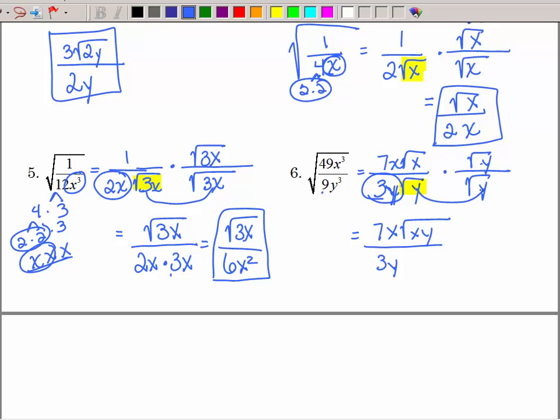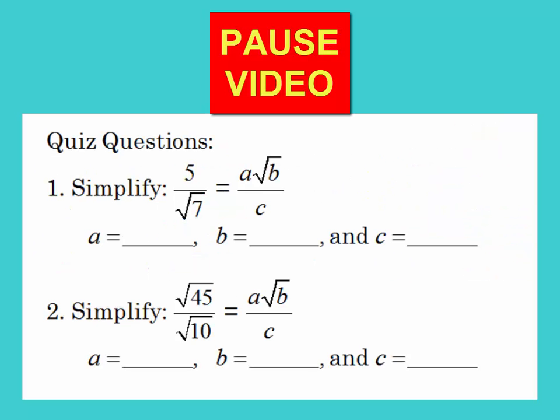That y times that y under a square root comes out as a y. So we have this numerator, and on the bottom y times y is y squared. So once again, just multiply by what you need. No more, no less.